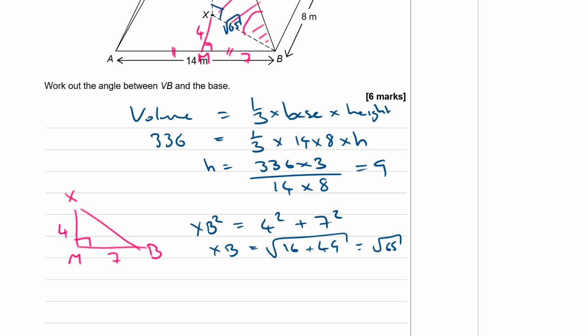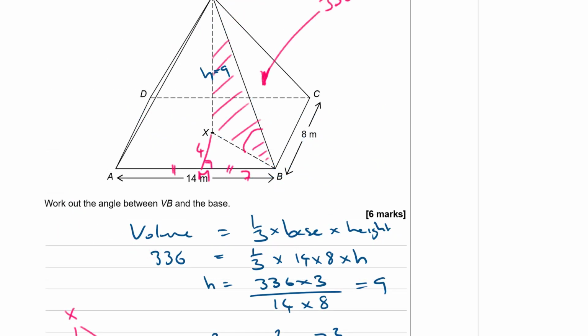So using Pythagoras Theorem, XB squared equals 4 squared plus 7 squared, making XB the square root of 16 plus 49, which is root 65. Now that doesn't square root nicely, I'm just going to leave it like that for now.